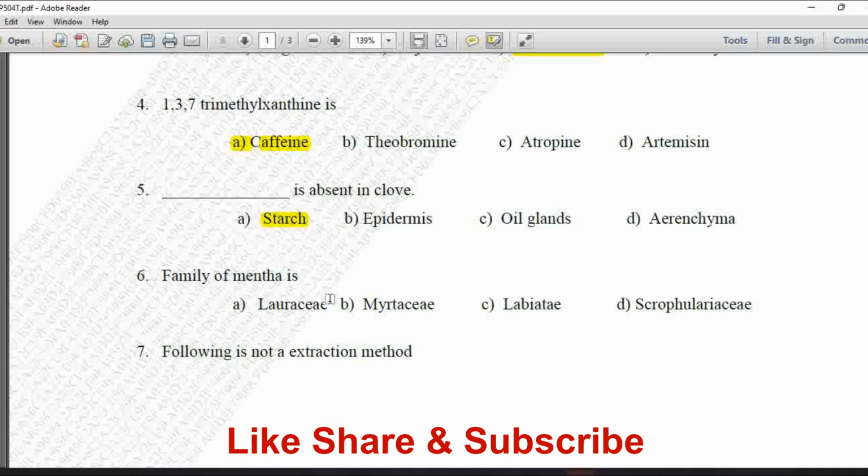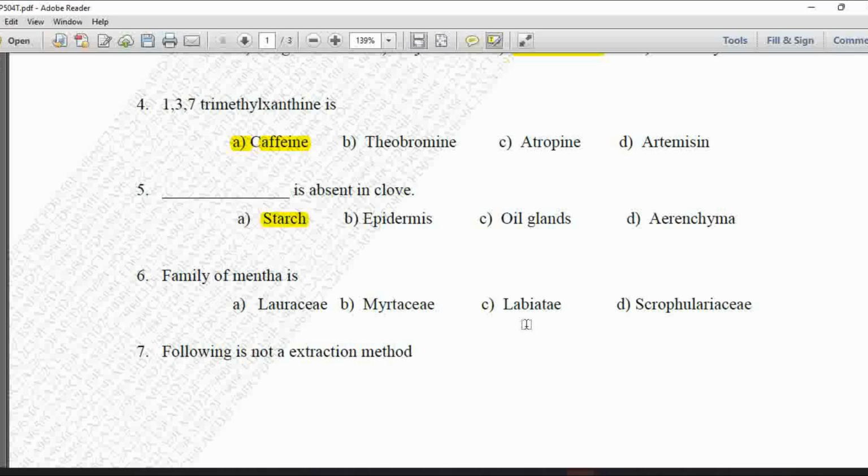Next, family of mentha is option A is Lauraceae, B Myrtaceae, C Labiataceae, and D is Staphylophoridaceae. So here the family of mentha is Labiataceae. It is formally called the Lamiaceae family, and the correct option over here is Labiataceae.